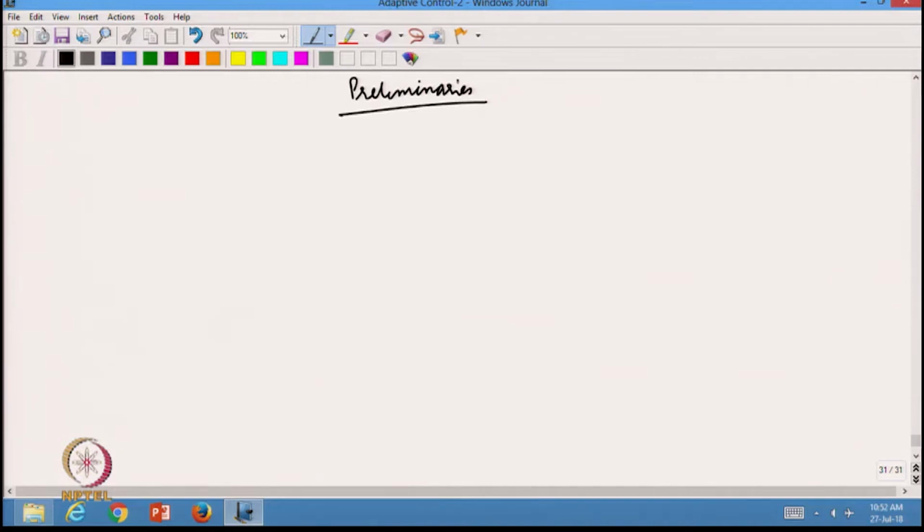Okay. So, the first preliminary, the first definition, is a convex set.